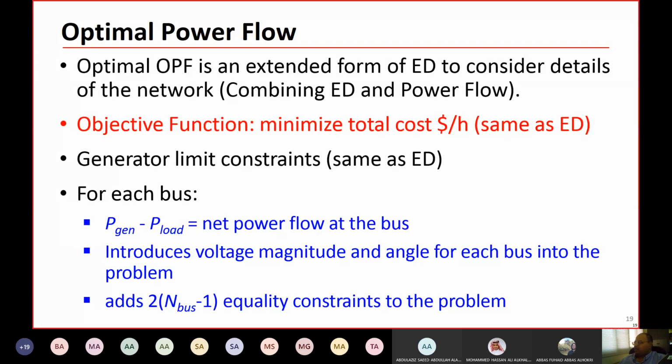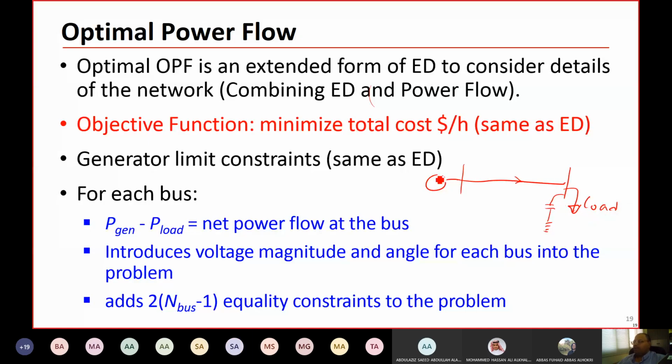And the power factor correction: if you have a load here, this is a generator, you have a transmission line, and you have a load here, add a capacitor in parallel in order to improve the power factor or reduce the reactive power flow. So this capacitor will generate the reactive power needed by this load locally.